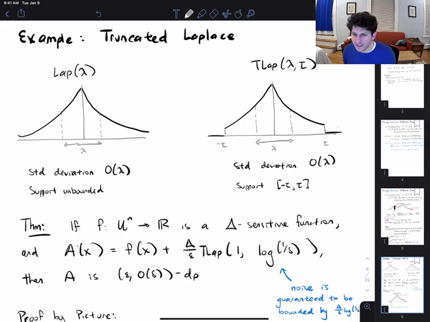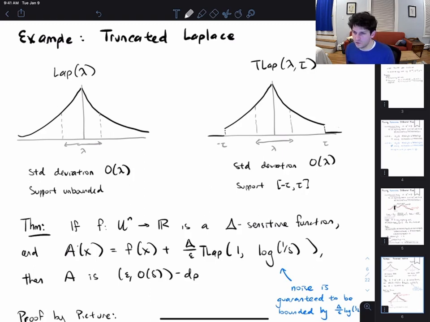So we can get a variant of the Laplace mechanism where, instead of a Laplace distribution, we add noise from a truncated Laplace distribution, where lambda is proportional to the sensitivity over epsilon, and the truncation parameter is log 1 over delta.